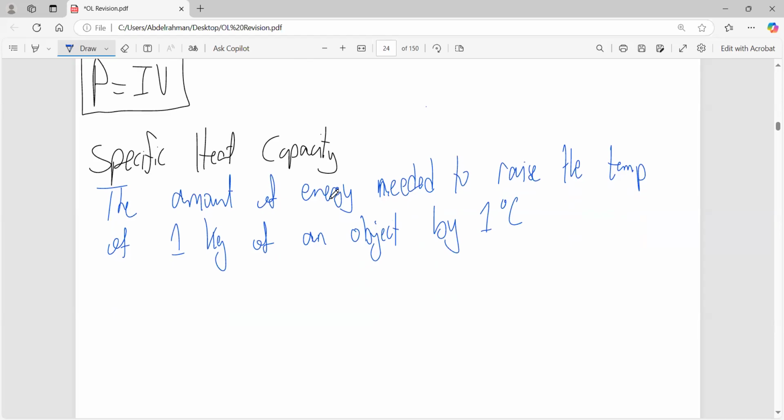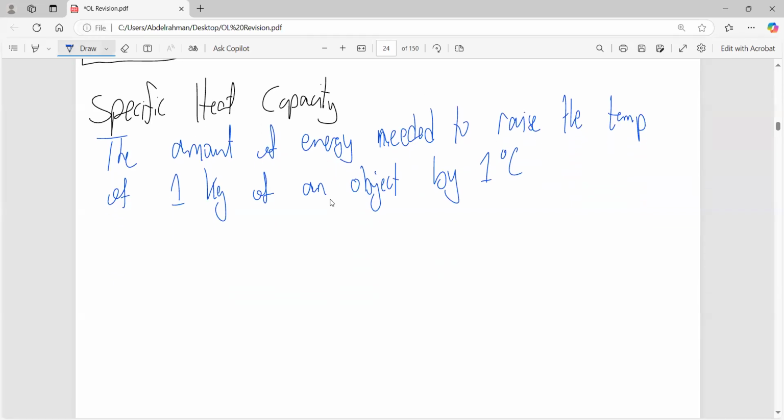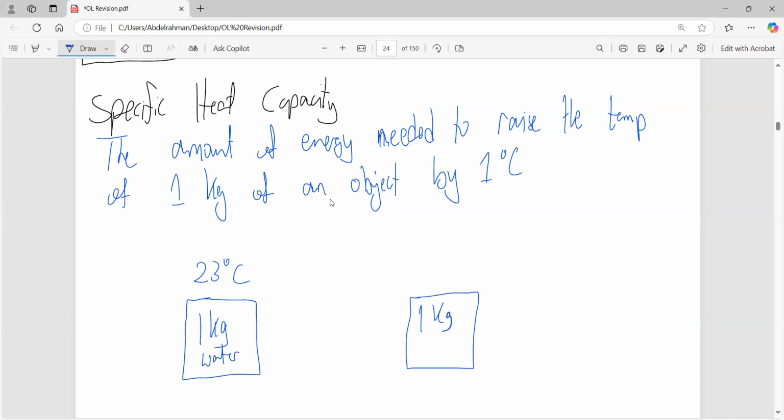For example, I have 1 kilogram of water, and the temperature of this water is 23 degrees Celsius. I need to increase the temperature of the same 1 kilogram of water to 24 degrees Celsius. What is the amount of energy required to increase it?